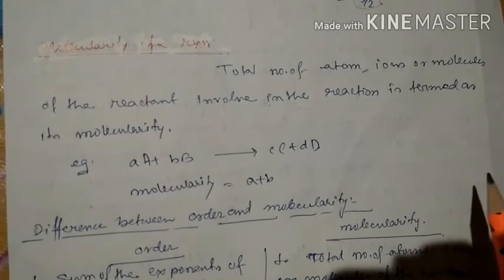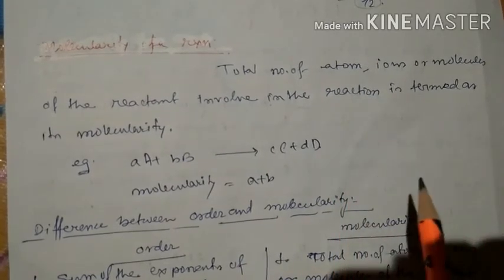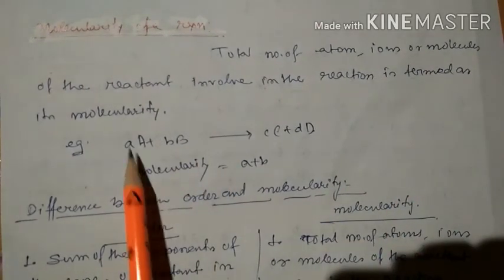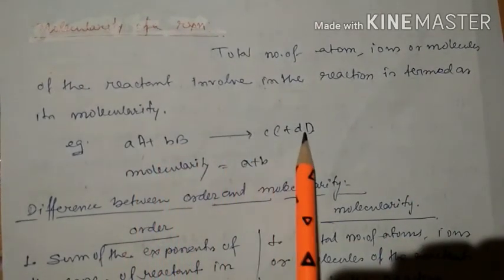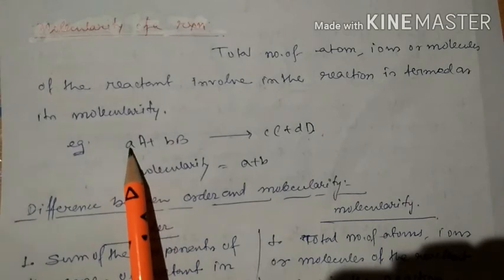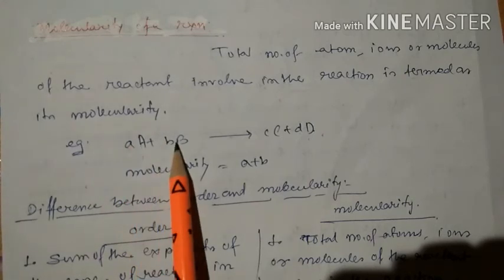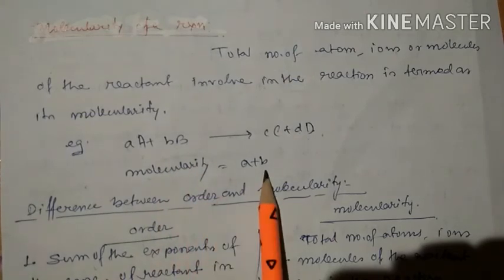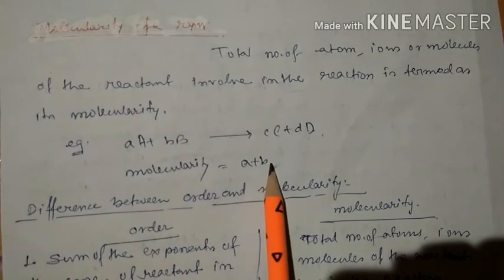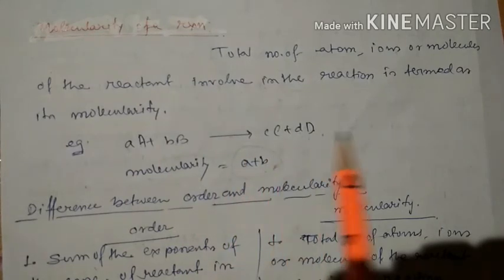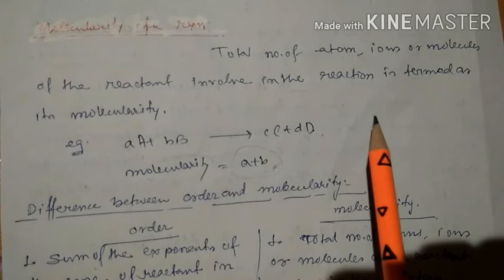Suppose here is a schematic reaction: A plus B goes to C plus D. With small a number of capital A and small b number of capital B, the molecularity should be small a plus small b. That means molecularity is the number of atoms, ions or molecules in the reactants.